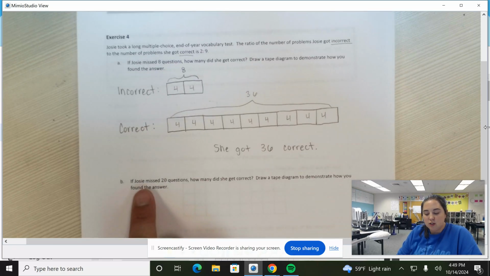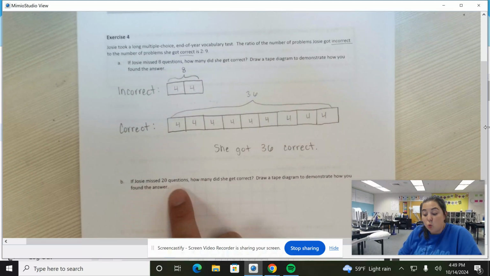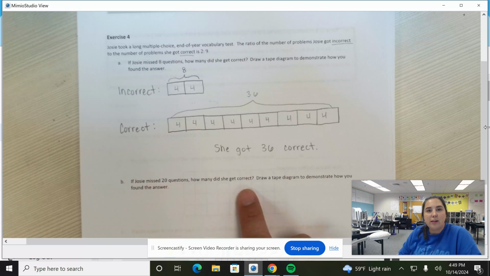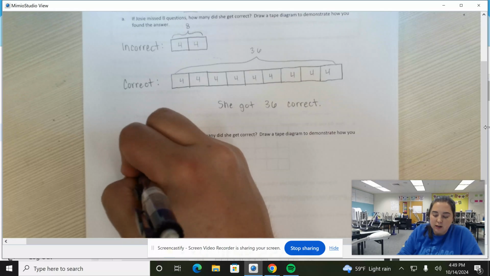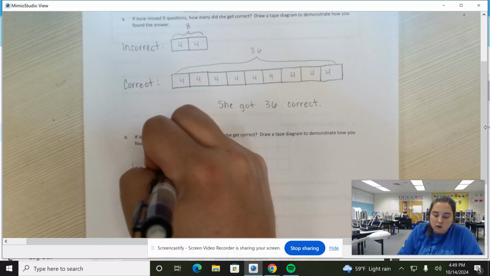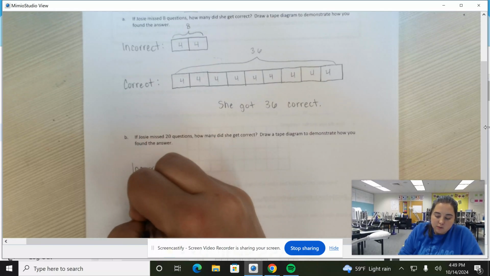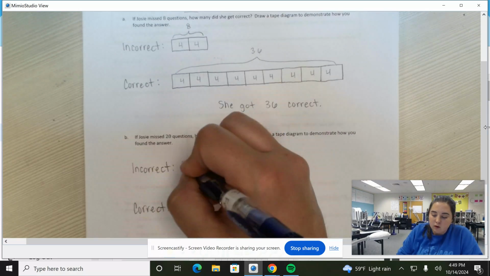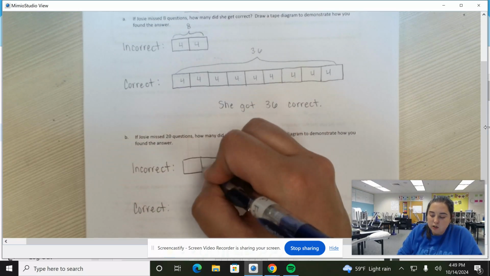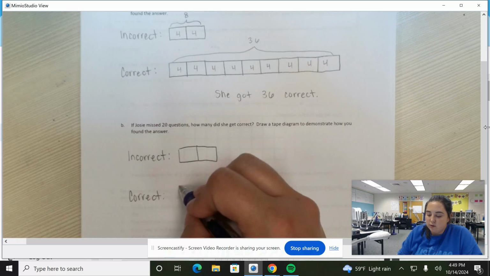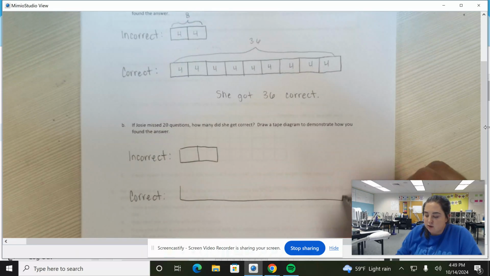It changed. Now, what if Josie missed 20 questions? How many did she get correct? The ratio didn't change, so let's rewrite the incorrect to the correct. Incorrect, there should be 2. Correct, it was 2 to 9, so make this go.